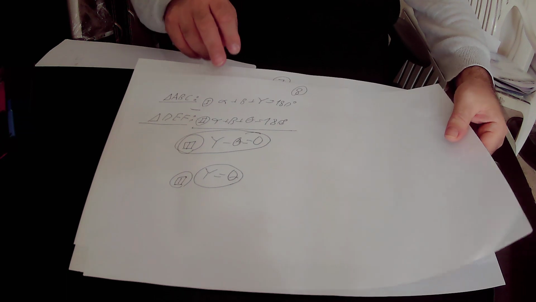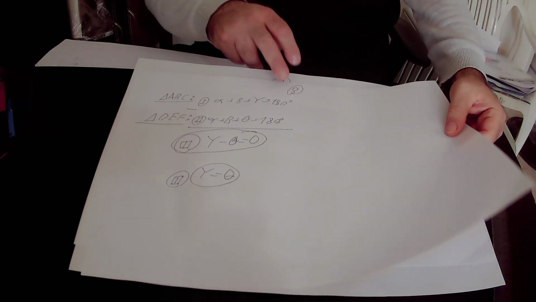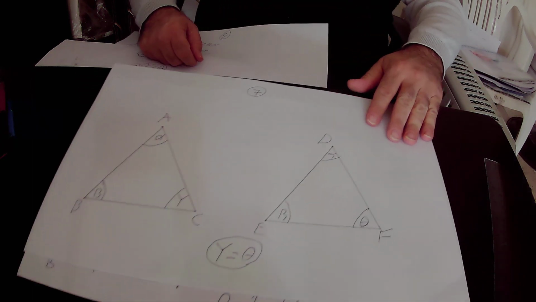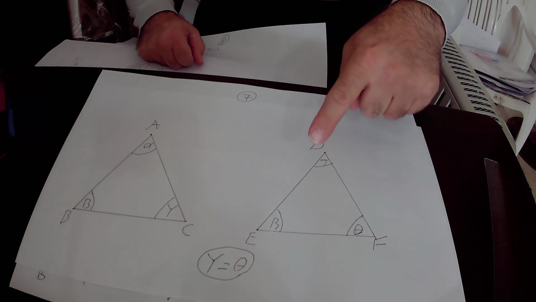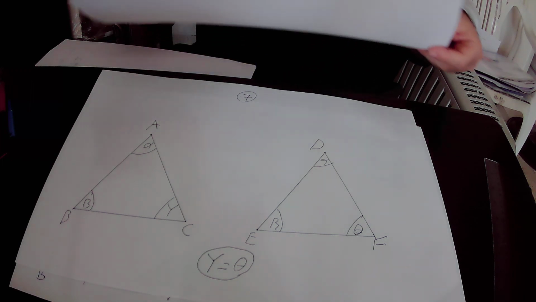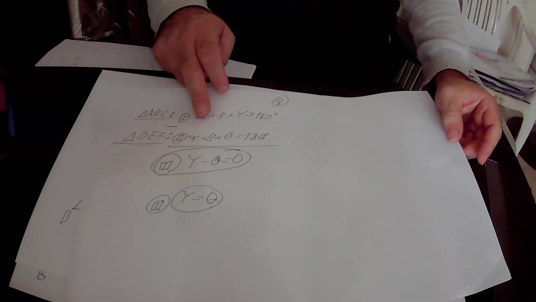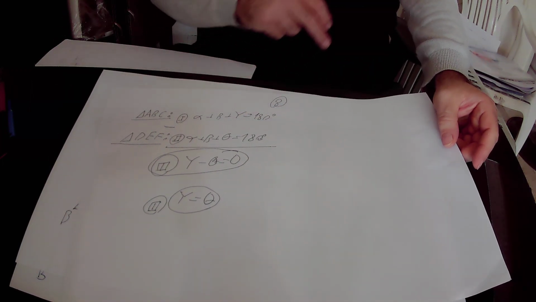That is to say, alpha plus beta plus gamma equals 180 degrees. Likewise, in triangle DEF, the sum of its angles equals 180 degrees. That is to say, alpha plus beta plus theta equals 180 degrees.